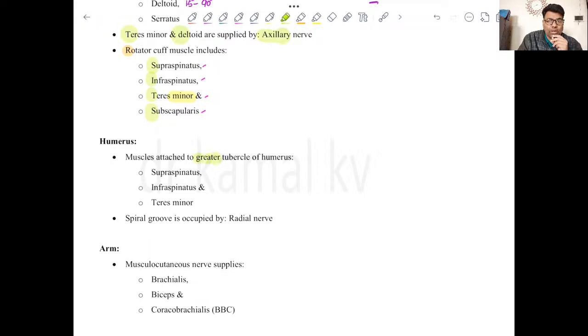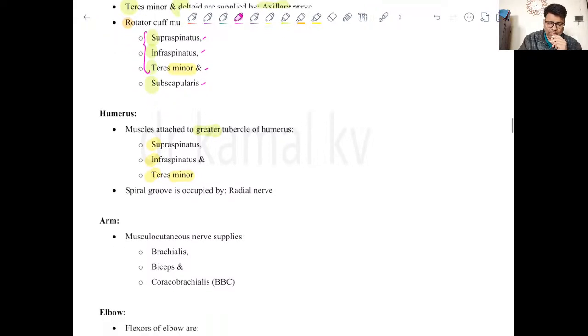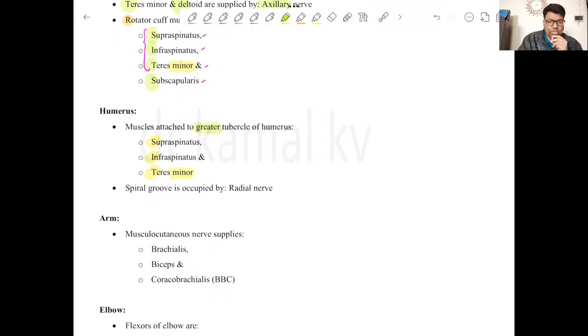Muscles which are attached to the greater tubercle of the humerus include supraspinatus, infraspinatus and teres minor, and you can remember these are the top three muscles of the rotator cuff which provide strength to the shoulder joint. On the posterior part of the shaft, there is a spiral groove. It looks like an S, so therefore it is known as spiral. Since it is occupied by the radial nerve, it is also known as the radial groove.